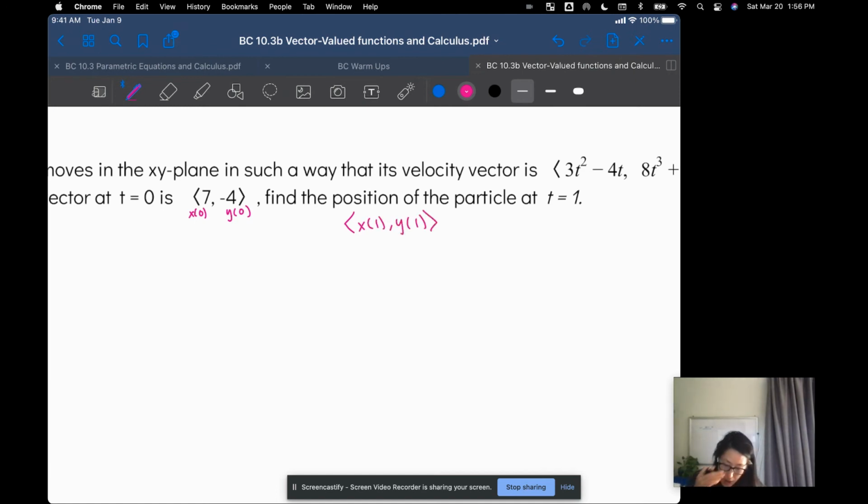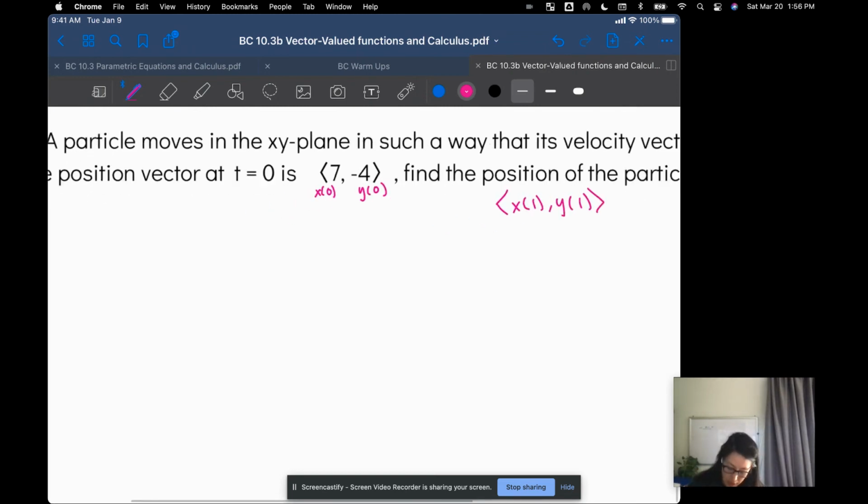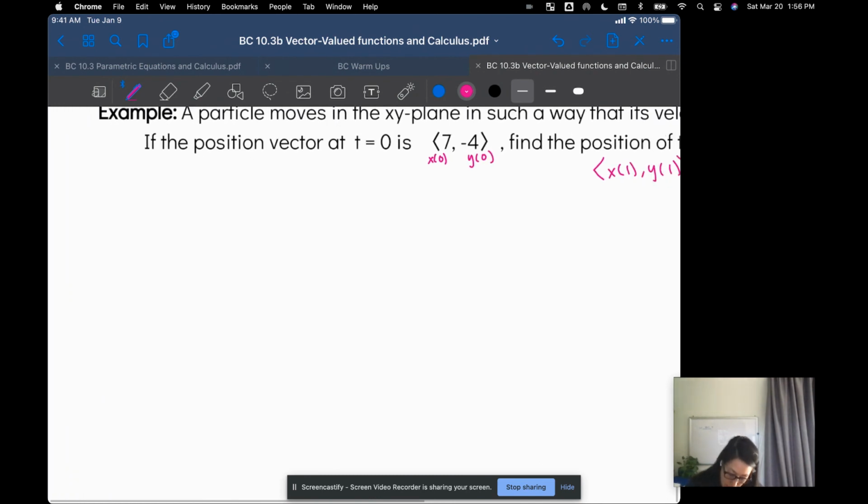Okay, so we're given the velocity vector, so I know that if I take the integral of velocity from 0 to 1, so if I take the integral from 0 to 1 of x prime of t dt, using the fundamental theorem of calculus, this equals the change in position. So x of 1 minus x of 0.